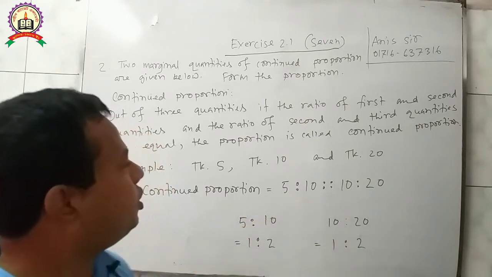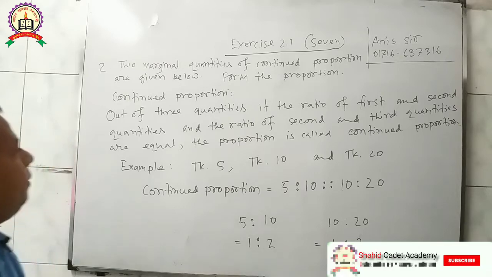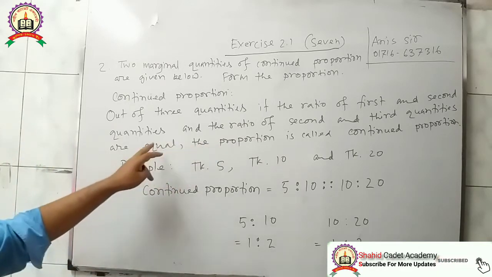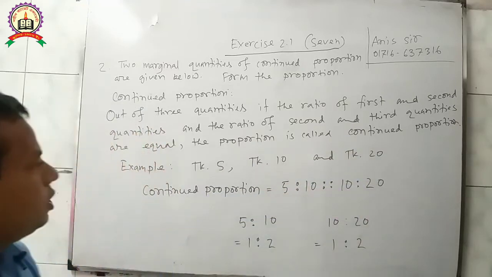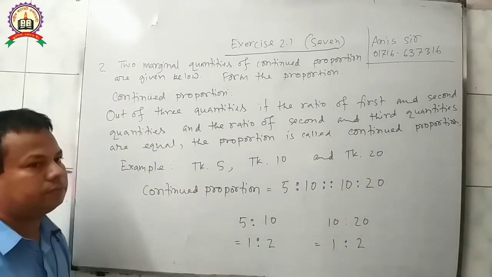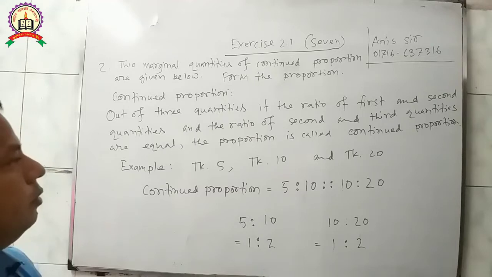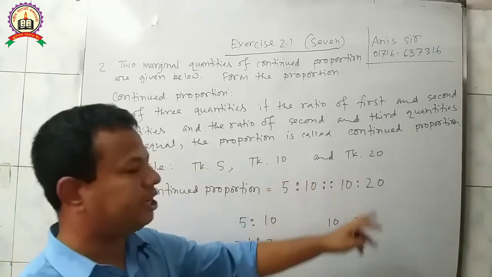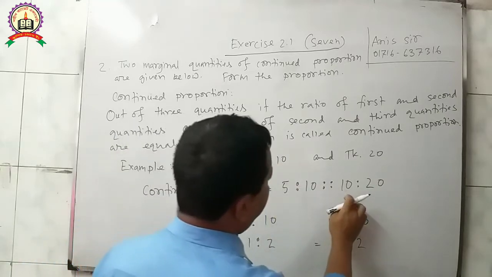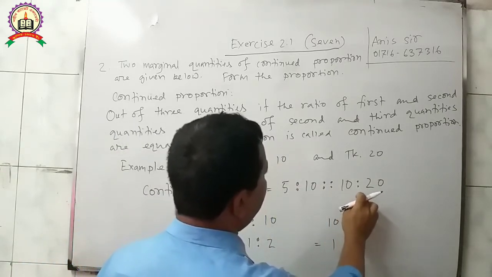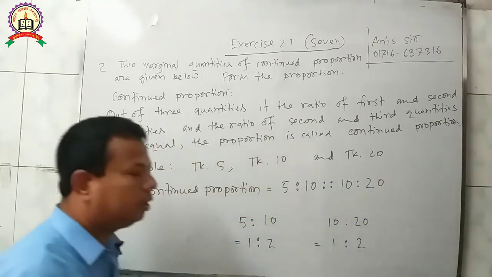The second ratio will be formed by the second quantity and the third quantity: second quantity 10 to third quantity 20.